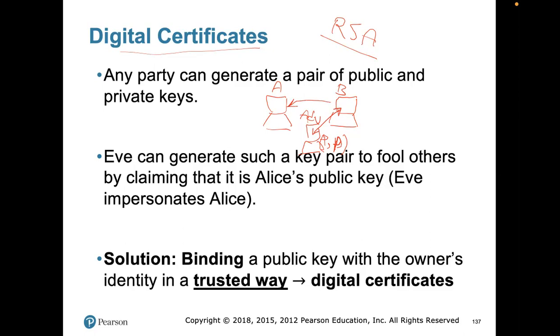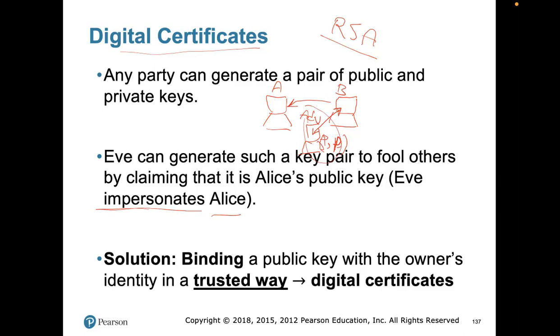Because what the adversary node is doing is impersonating Alice's role. He or she is pretending to be Alice, generates a set of keys, keeps the private key for himself, and sends the public key to Bob.